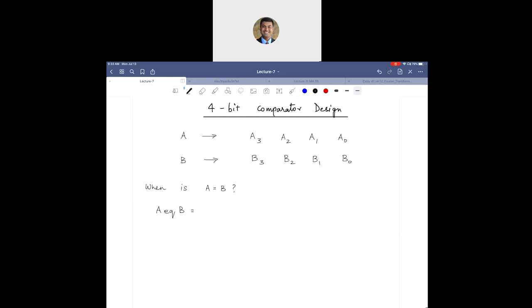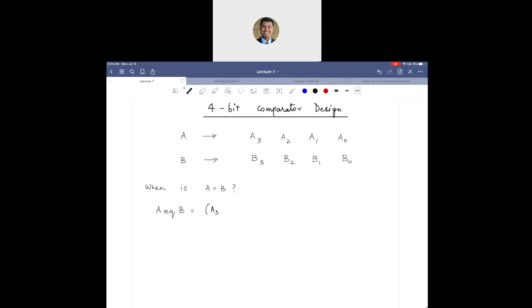So when can I say A equals B? A is being represented as A3, A2, A1, A0, and B is represented as B3, B2, B1, B0. So when can I say A equals B? You probably can say that A equals B when all the 4 bits match up, right? So you would have to say something like this.